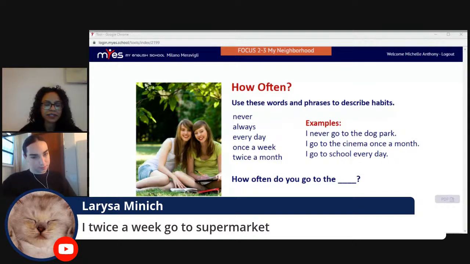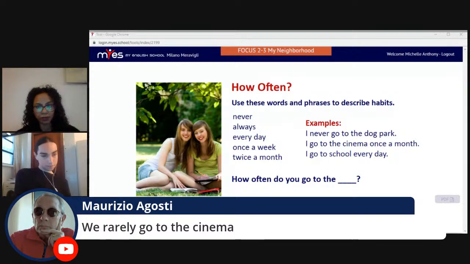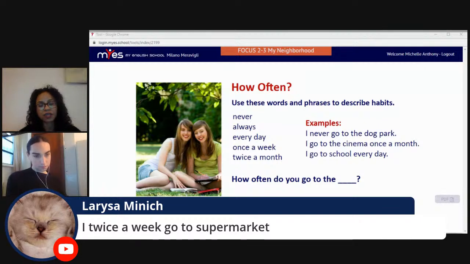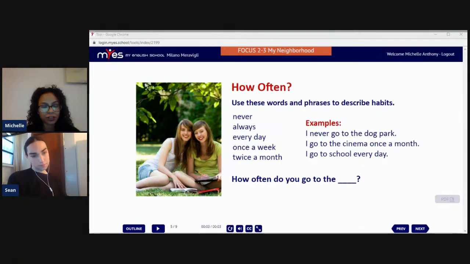Okay, so I want you to pay attention to the construction over here. Earlier, Maurizio says, we rarely go to the cinema. He put an adverb between the subject and the verb. However, when Larissa did it, it was wrong. The reason behind this is the adverb you use, right? So when you use words like rarely, often, never, you can put them in between the subject and the verb.